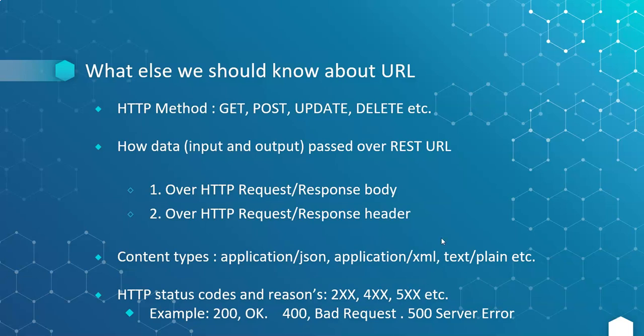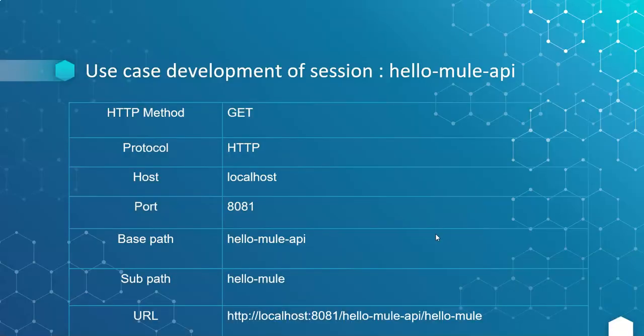Okay, next we are going to develop a REST service as the Hello Mule API application. In this I am going to develop a REST service. Then what does a REST service need? It needs an HTTP method. We can take it as GET. Next we need a protocol. We will take it as HTTP. Next we need a host. We will take it as localhost and port as 8081.